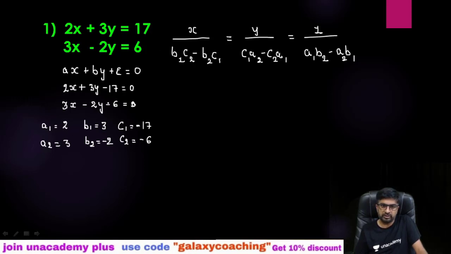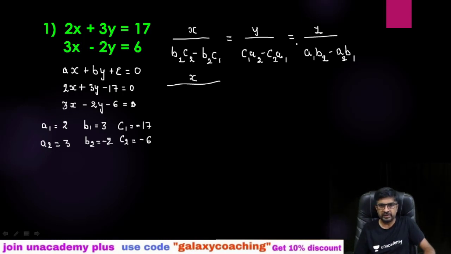Now you need to put the values inside this. But if you directly try to put the values, 90% chances are that you are going to make a mistake. So they have given some shortcuts, and because of that shortcut we call this the cross multiplication method.